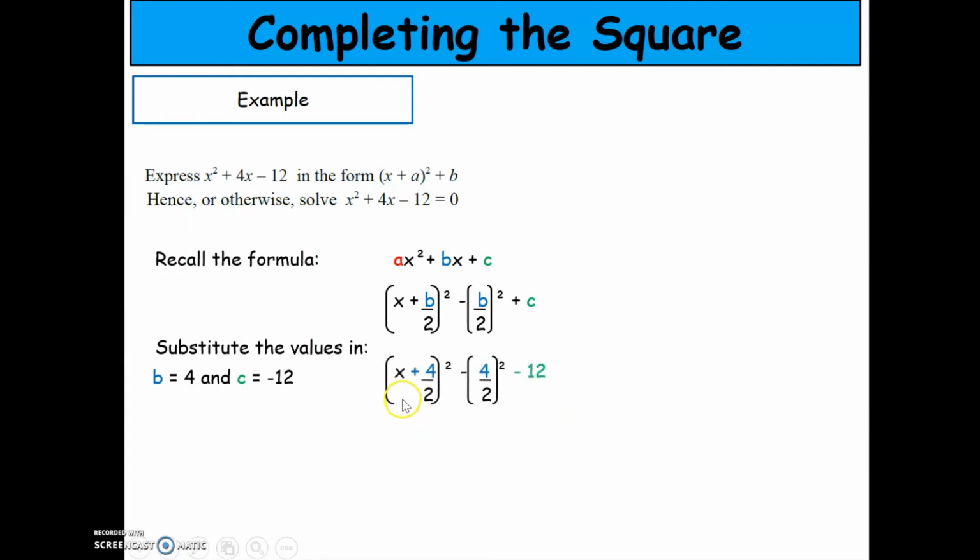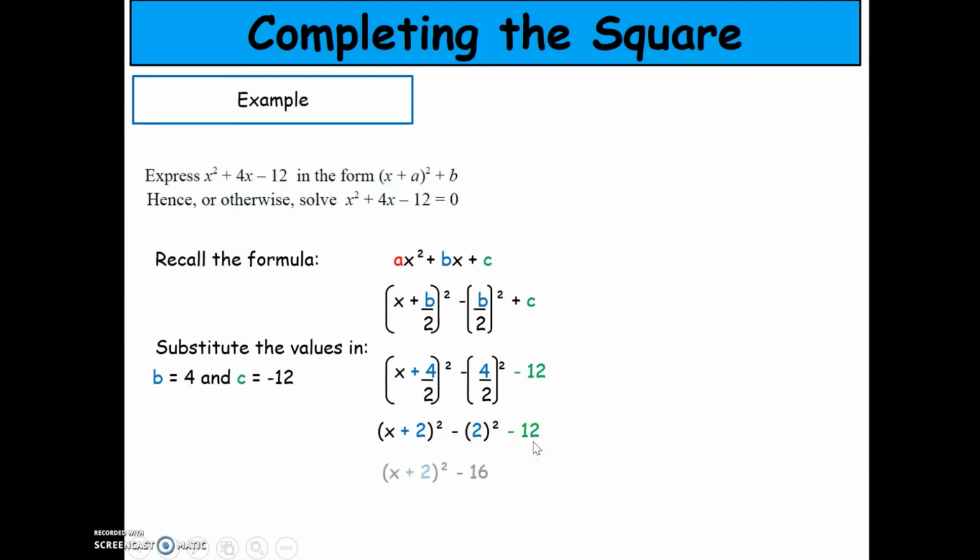So we have x plus the value of b, which is 4, divided by 2, everything squared, minus the value of b again, which is 4, divided by 2, everything squared, and the value of c is minus 12. So if I work out half of 4, I'm going to have x plus 2, everything squared, minus 2, everything squared, minus 12.